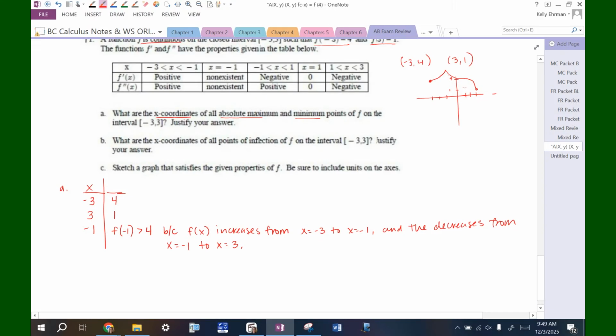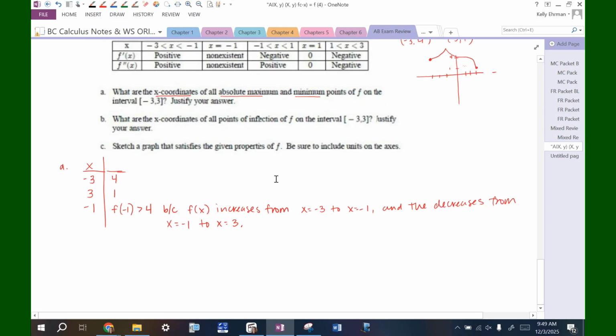I'm sure there's a shorter way to explain all of this. So if that's the case, there's an absolute max. It just wants the x value, so at x equals -1. We don't have enough information to find the y value. That's why they just want the x coordinates.